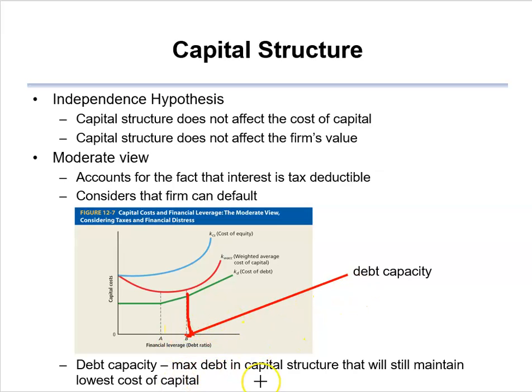That's the maximum amount of debt and the lowest cost of capital. So we can keep adding, but at some point, because of the risk we're taking, our cost of capital will increase, and our weighted average cost of capital will increase, and there's where we should stop our leverage.